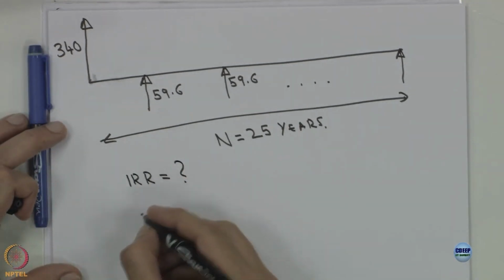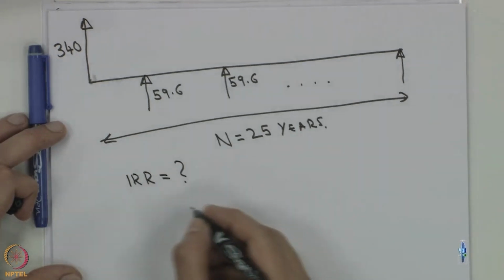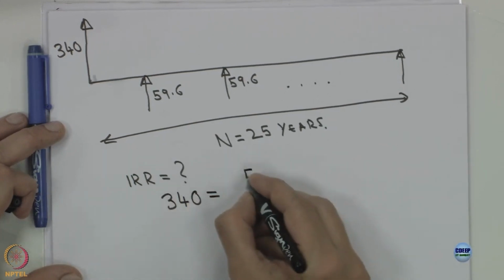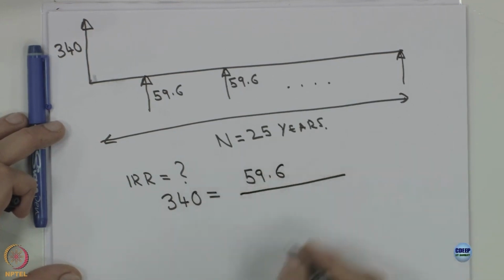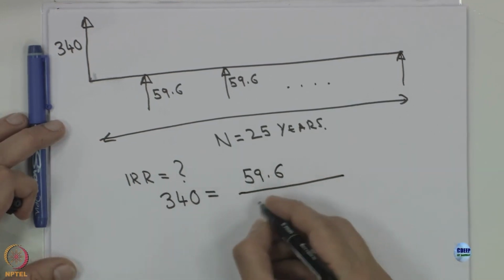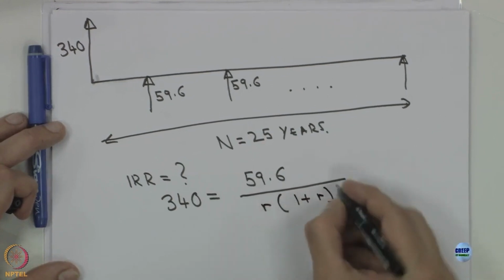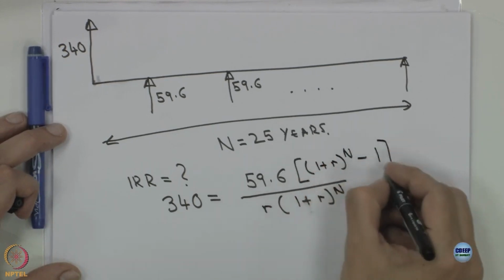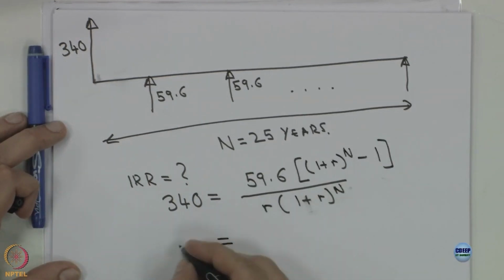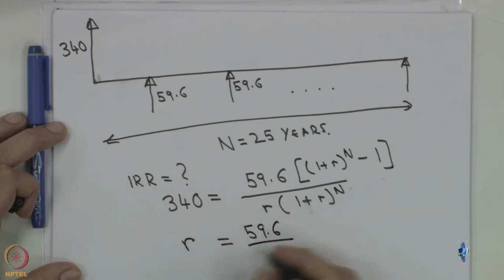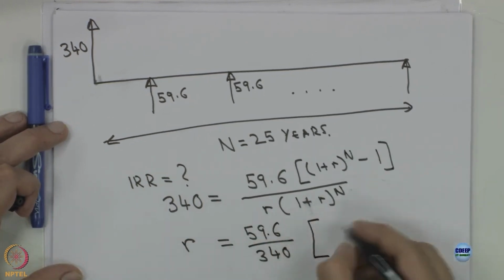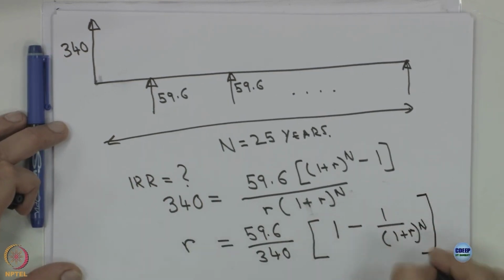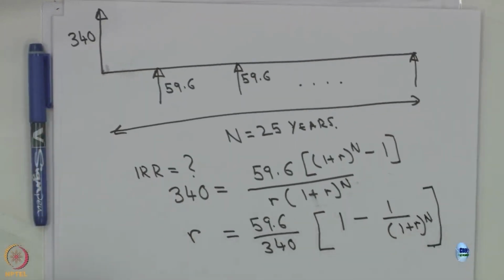So this is where C0, 340, will be equal to 59.6 into 1 plus R raised to N minus 1, divided by R into 1 plus R raised to N. R can be written as 59.6 by 340 into 1 minus, and we can do the calculation.